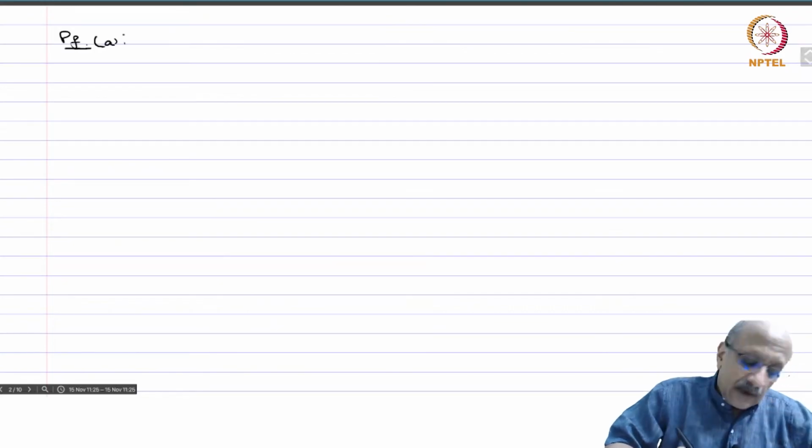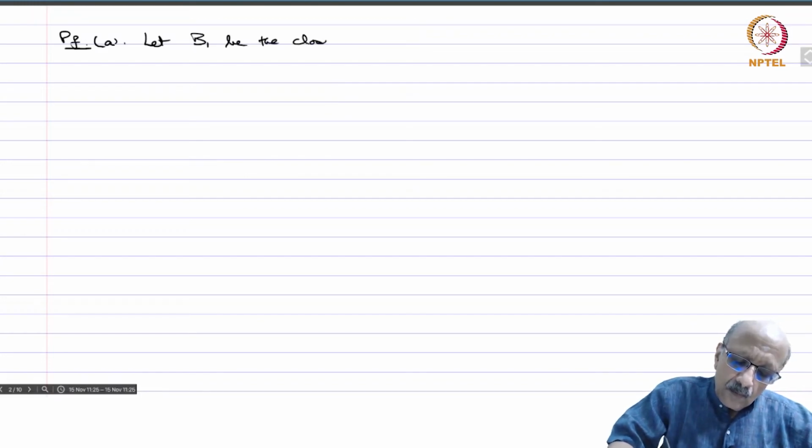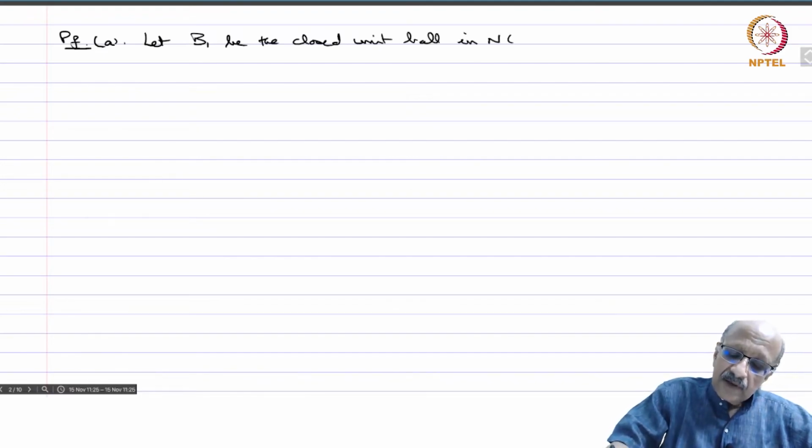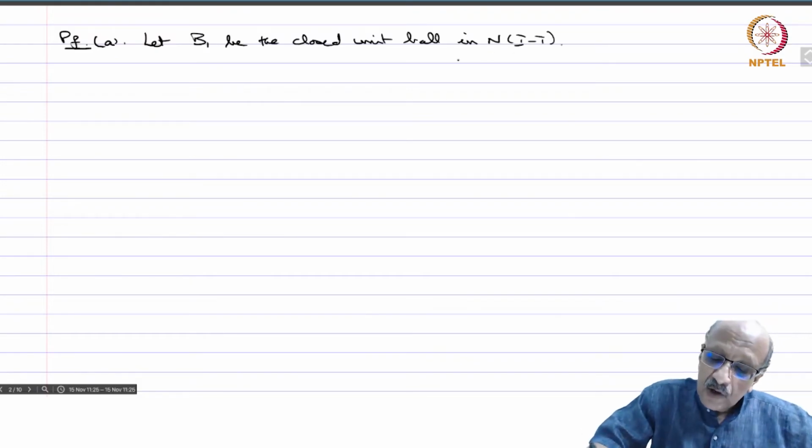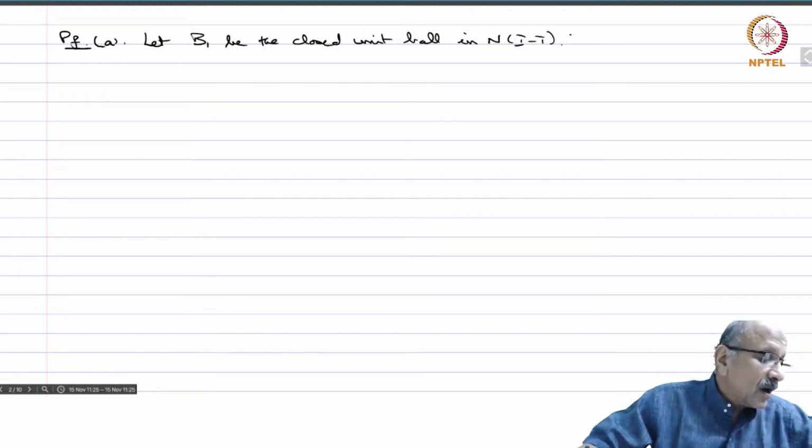So proof. (A) Let B1 be the closed unit ball in N(I minus T). N(I minus T) is closed, so it's a Banach space in its own right, and B1 is the closed unit ball.